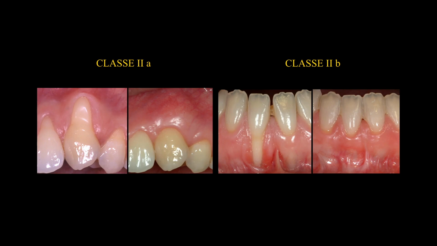So when we have a Miller class II gingival recession, we immediately have to look at the tissue apical to the gingival recession in order to see if there is or not a small keratinized scar tissue remaining apical, despite the gingival recession being so deep that it went beyond the mucogingival line.